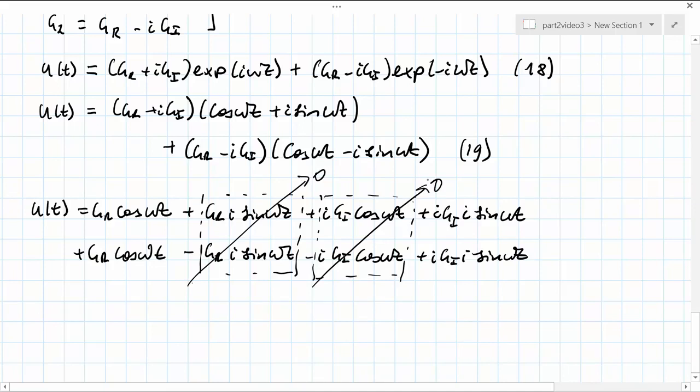So we can then see that this is reduced down to u(t) equal to 2 times gr cosine omega t minus 2 times gi sine omega t.